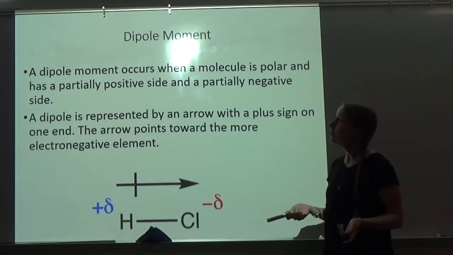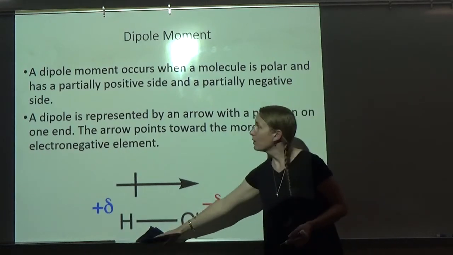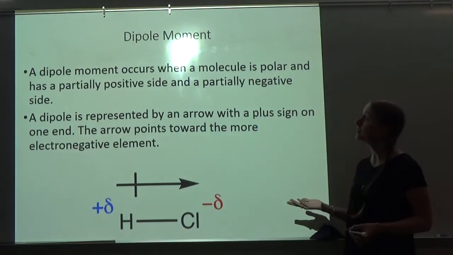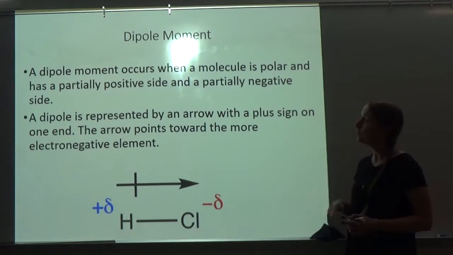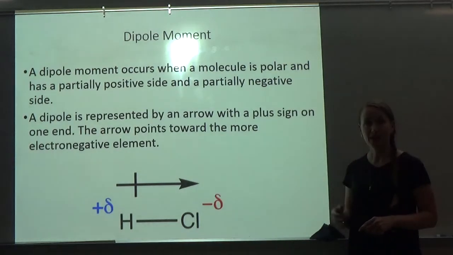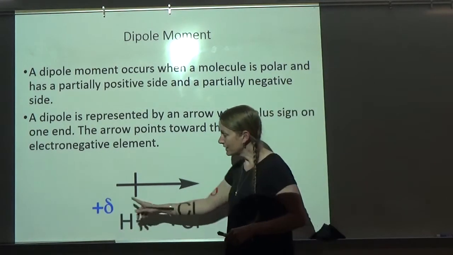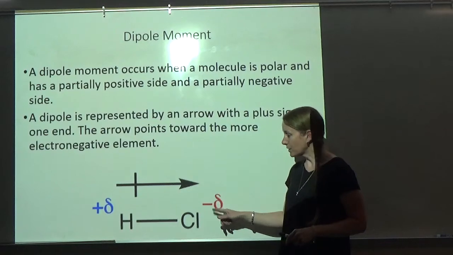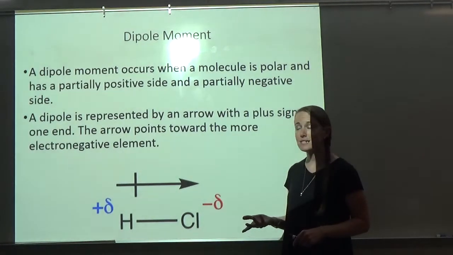So a dipole moment occurs when a molecule is polar and has a partially positive and partially negative side. A dipole is represented by an arrow with a plus sign on one end. The arrow points toward the more electronegative element. So what we just did was label the sides as partial positive, partial negative based on the electronegativity.